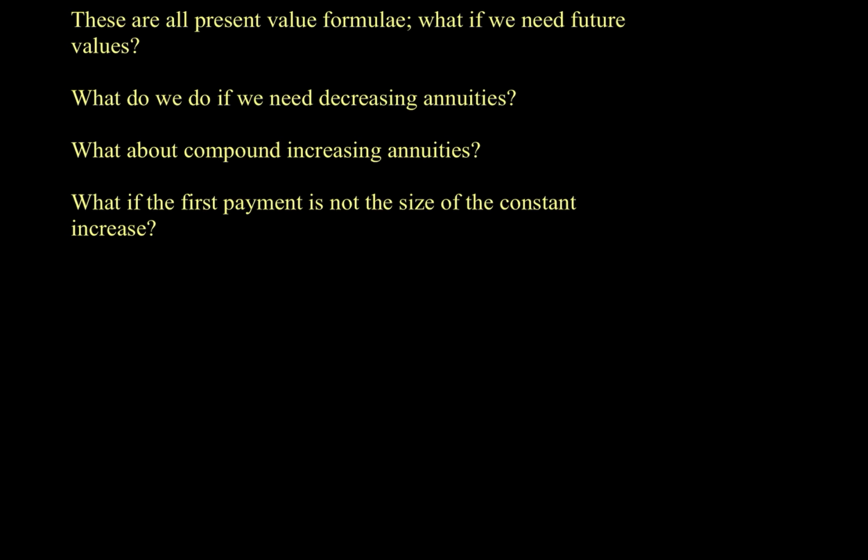And it's not actually part of the curriculum anymore, as far as I'm aware, to know the decreasing ones, but you might still need to calculate a decreasing annuity using the increasing annuity. So what do I mean?